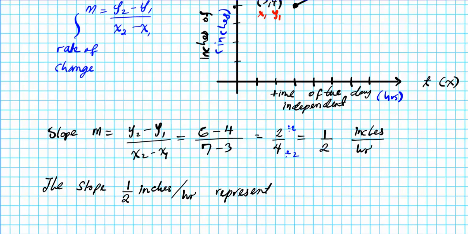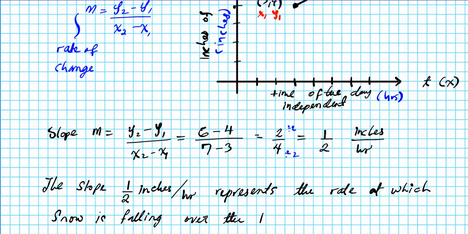Represents the rate at which snow is falling over the time interval. What's the time interval that we're looking at? The time interval from 3 all the way to 7. So that's the rate at which snow is falling over this time interval from 3 to 7.